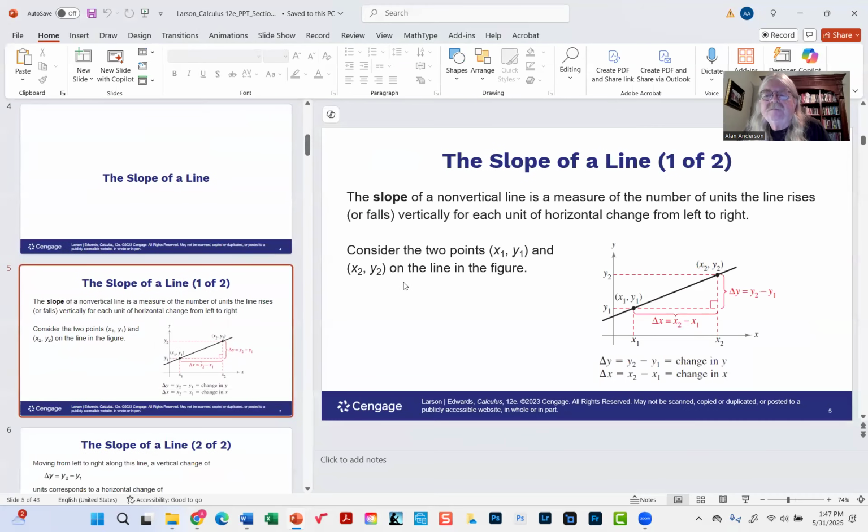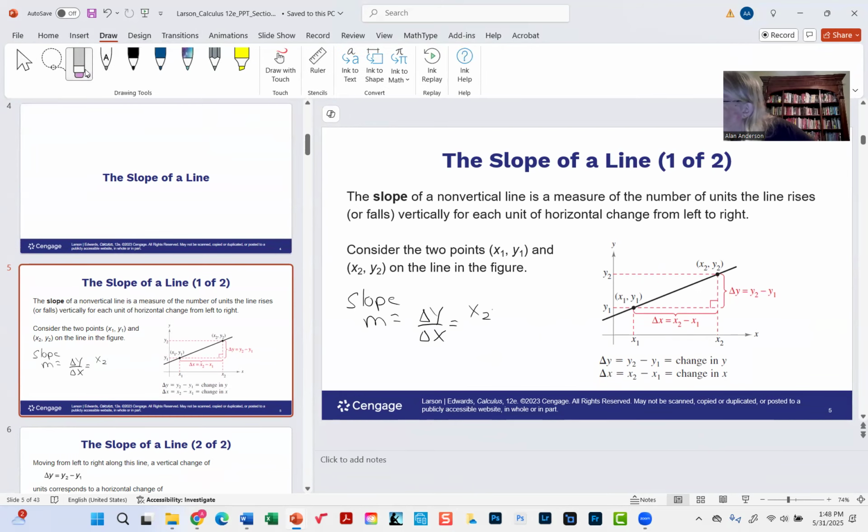And of course, we understand how a slope works. We've got the 2 points. We can solve for the slope, delta y over delta x. Now, keep in mind, it actually doesn't make any difference which point is considered to be point 1 and which is point 2. You'll get the same result either way, right?